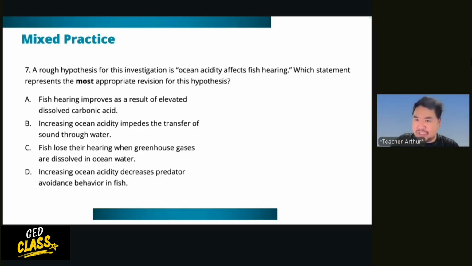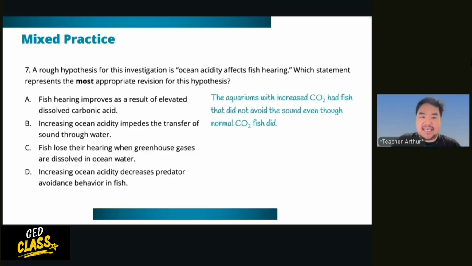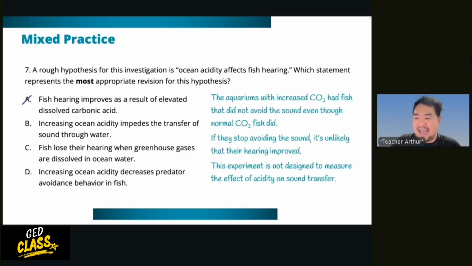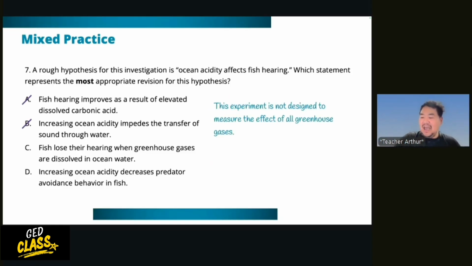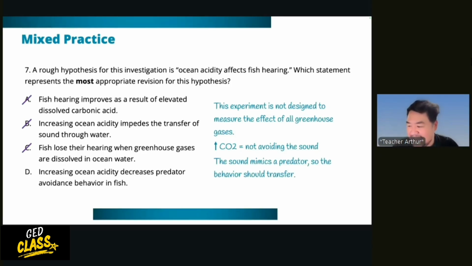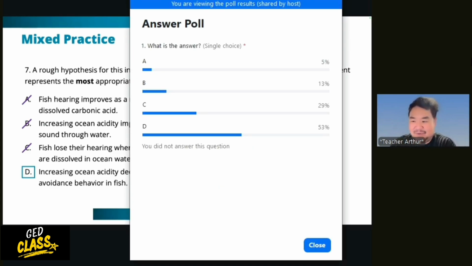At the normal CO2 levels, the fish avoided the predators. Which of those choices basically says that? The correct answer, as a majority of you did put down, is indeed answer choice D. Increasing ocean acidity decreases predator avoidance behavior in fish. Nice job here with this one.